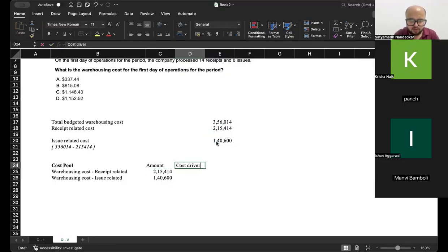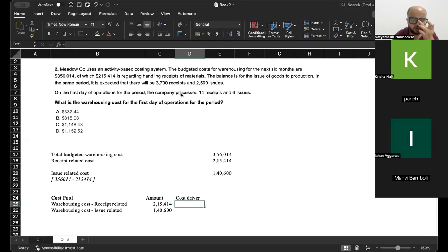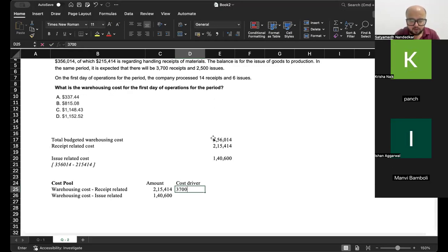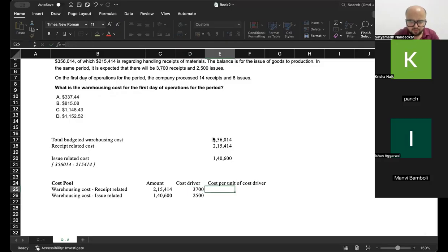What is your cost driver? What is the item that influences the cost? Number of receipts and number of issues. 3,700, 2,500. Now, cost per unit of cost driver. 215,414 upon 3,700. This upon 2,500. 58.22. I will write this as per receipt and per issue.